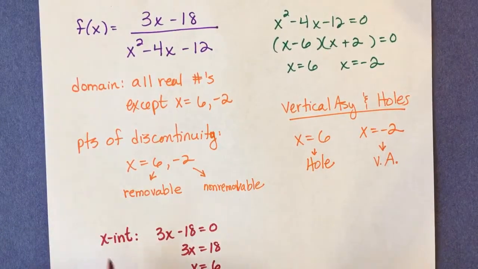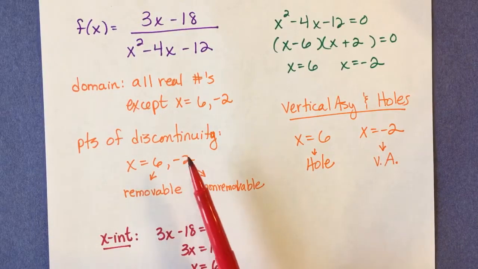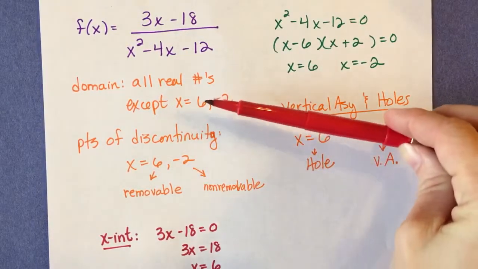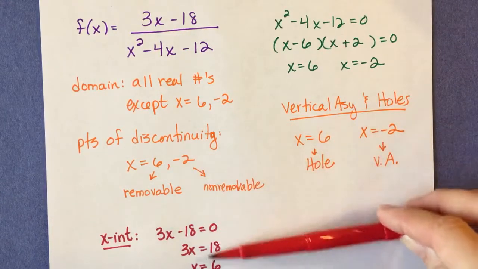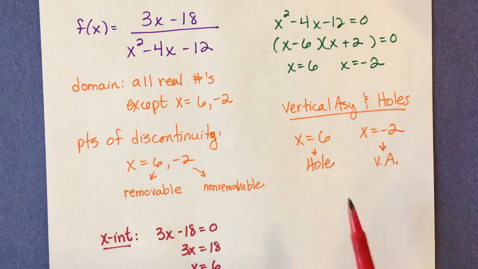Now here's where you've got to be careful because sometimes the number that you will get here will also be one of the same values that's not in your domain, or that's also a discontinuity. And see, that's what's happening with the 6. Now remember, we figured out that 6 is a hole.